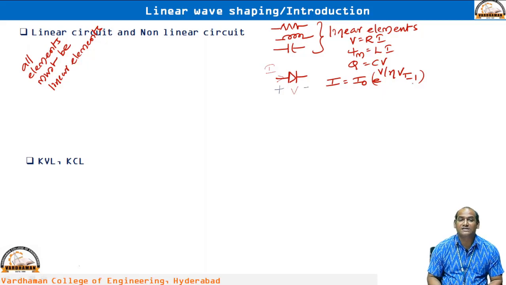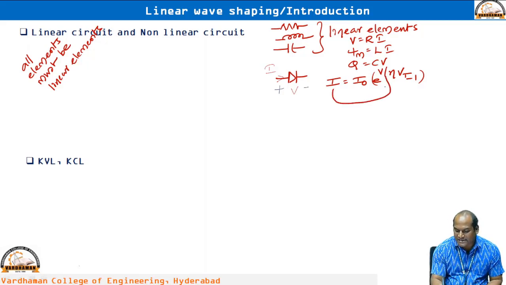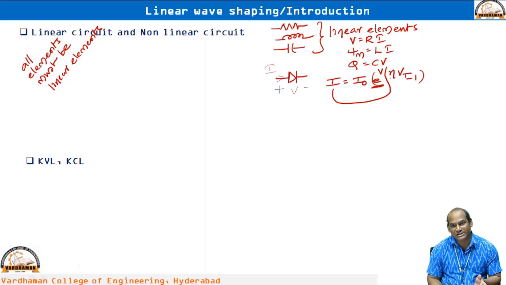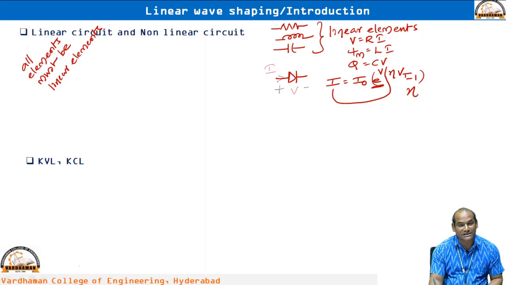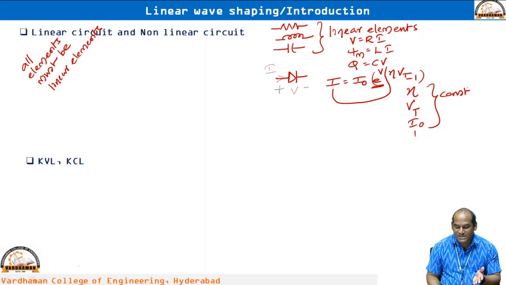Linear means a straight line passing through the origin. Here eta is the recombination factor, which is constant, thermal voltage Vt is constant, reverse saturation current I naught is constant, and 1 is anyway constant. So the current I depends on the voltage V exponentially.